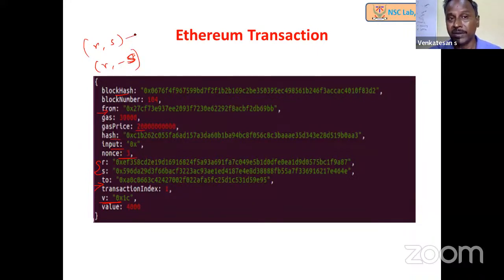So we have to find out whether this one or this one, and that can be identified through this V, and the value is the amount we transferred. So this is done within the private network in my machine setup. So don't consider that this value is too high.